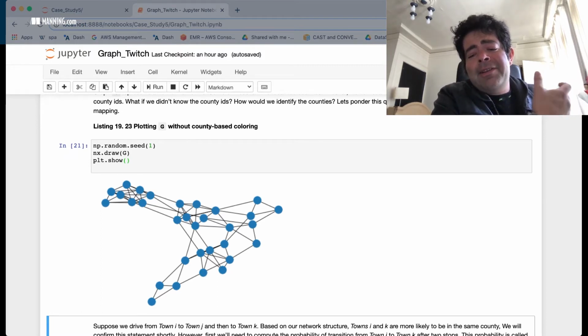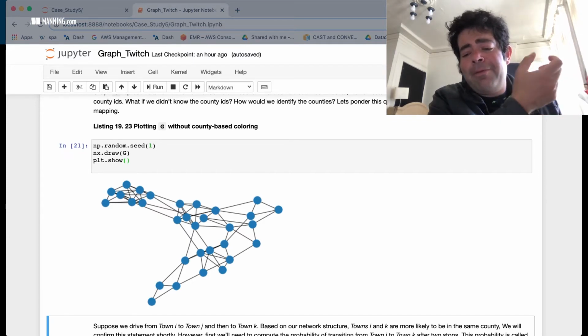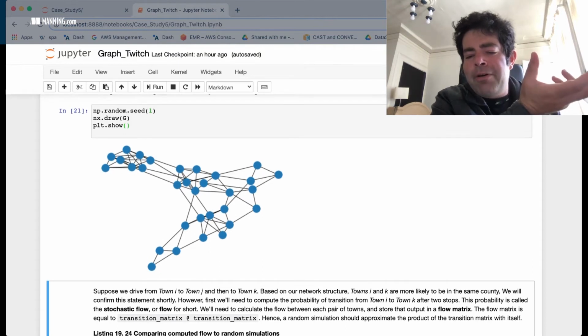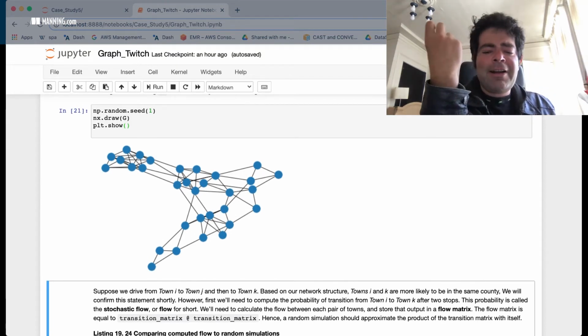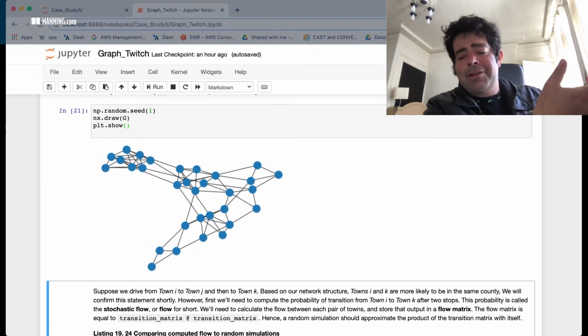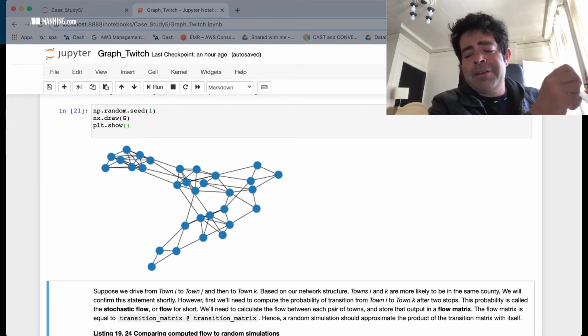The sense of travel between towns, traffic back and forth, relates to a concept called flow. Flow is an abstract concept that comes up in many branches of graph theory, and there are different ways of defining it.